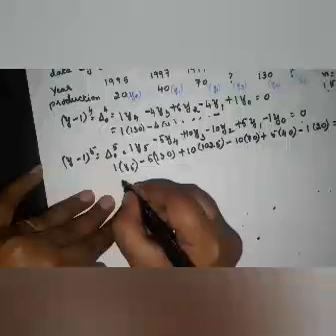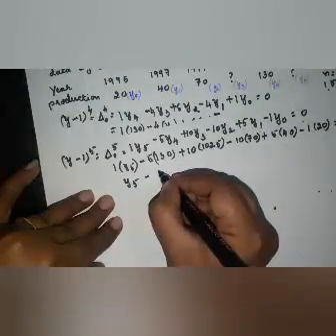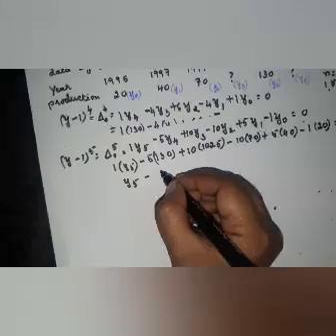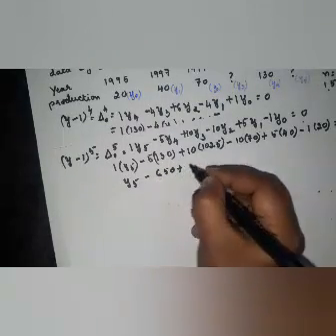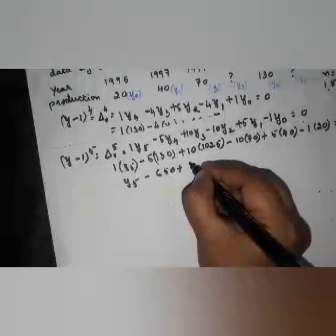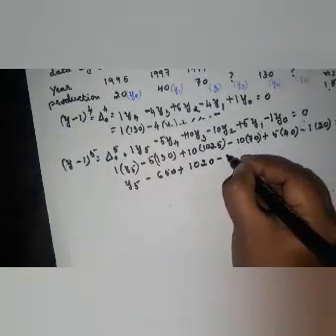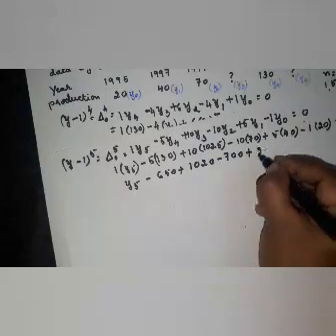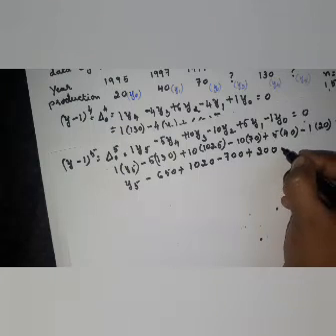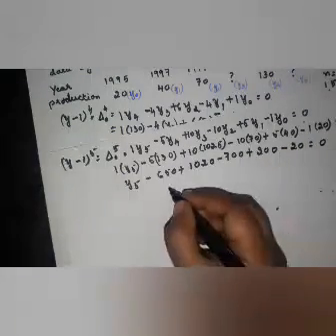Multiply all these: y5 minus 5 into 130, that is 650, plus 10 into 102.5, that is 1025, minus 10 into 70, that is 700, plus 5 into 40, that is 200, minus 20 into 1, that is 20, is equal to 0.